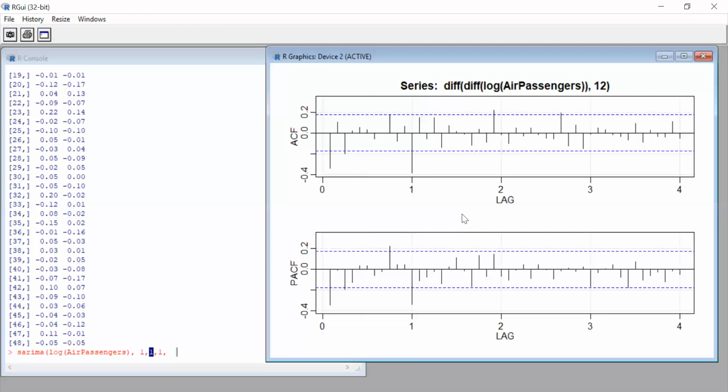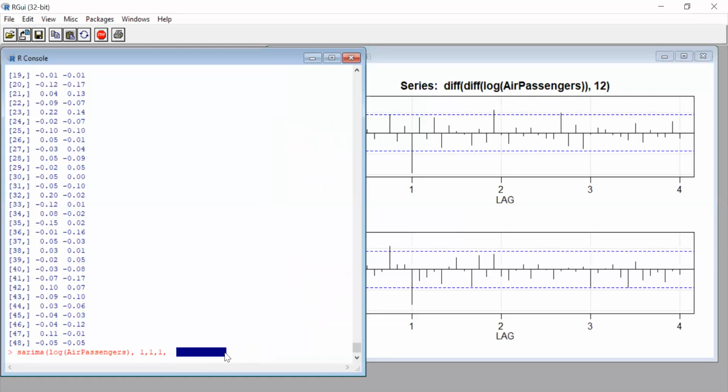It is not easy to explain to you why small p and small q are equal to 1, but initially it's from the ACF and PACF. The textbook just plugs in 1 and 1, right? And then now we plug in another 3 parameters.